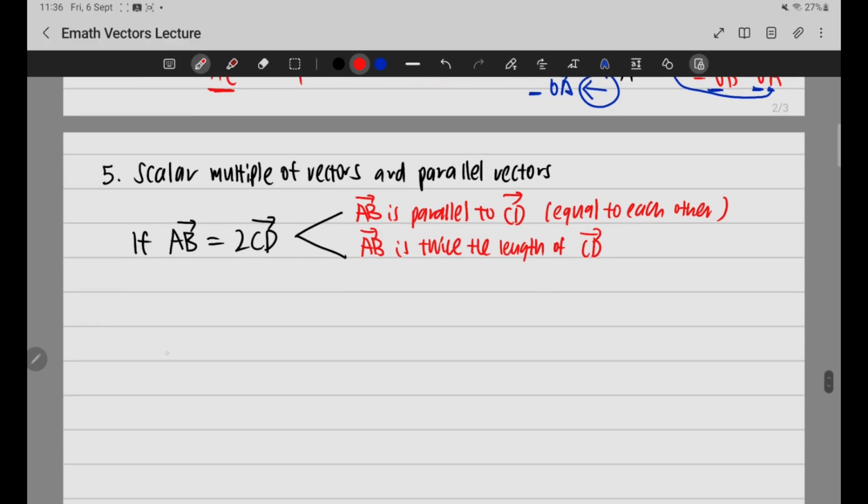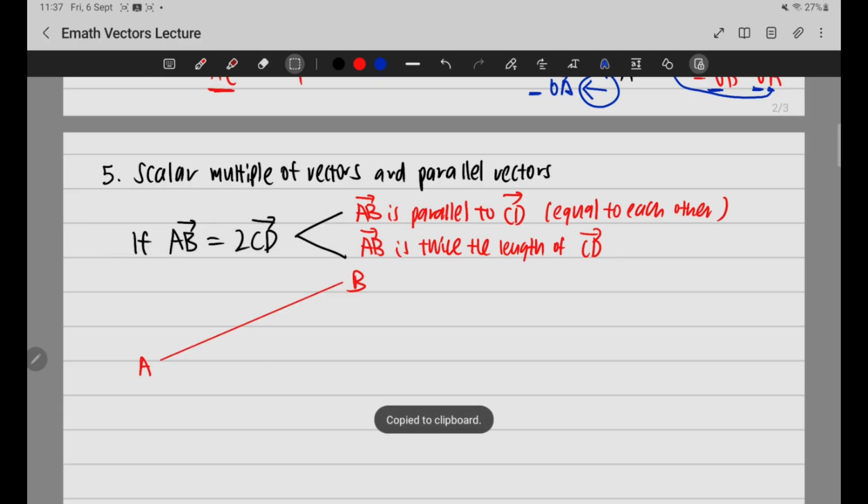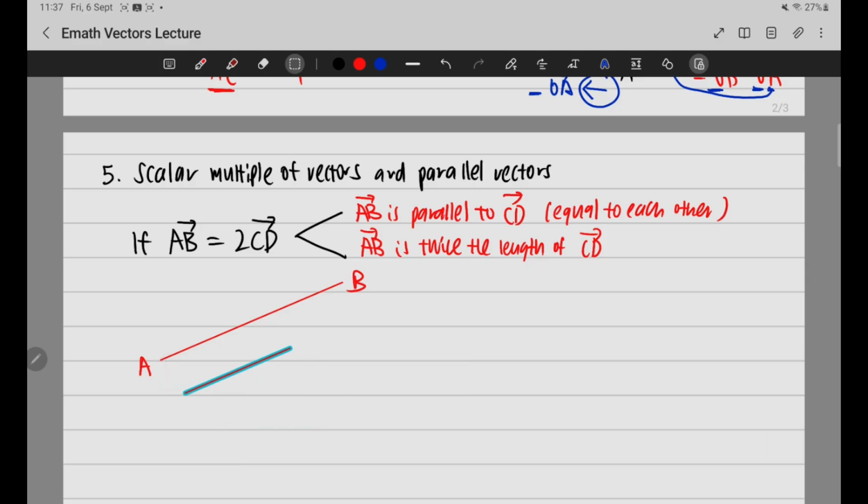So that means it kind of looks like this. This is AB, then this shall be CD. They have the same direction, they are parallel to each other, but the length of CD is half of that of AB.